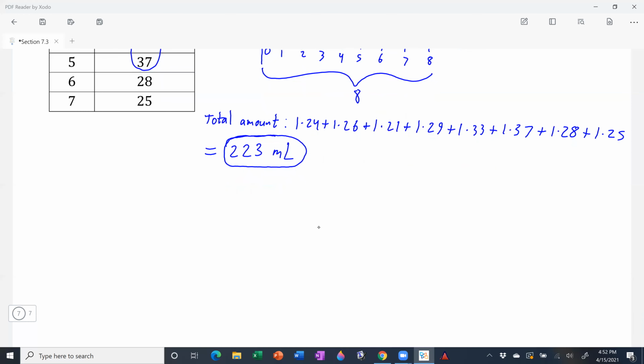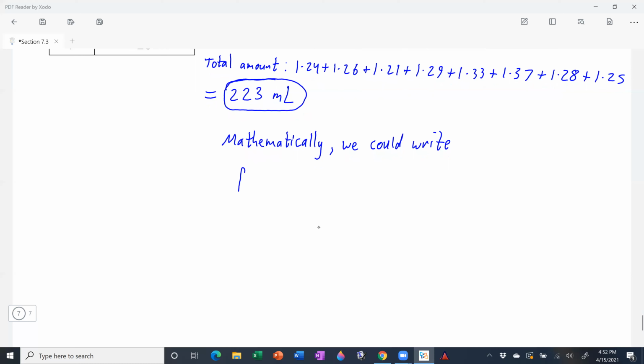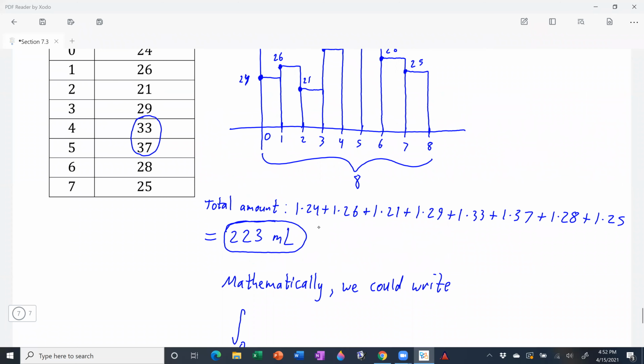Okay, and then just to really familiarize ourselves with all of the notation, because it's important to interpret everything, I want to just say mathematically, using that definite integral notation, we could write that the total change or the total quantity that we have here is from 0 to, and be a little careful because this 7 is a little bit misleading.